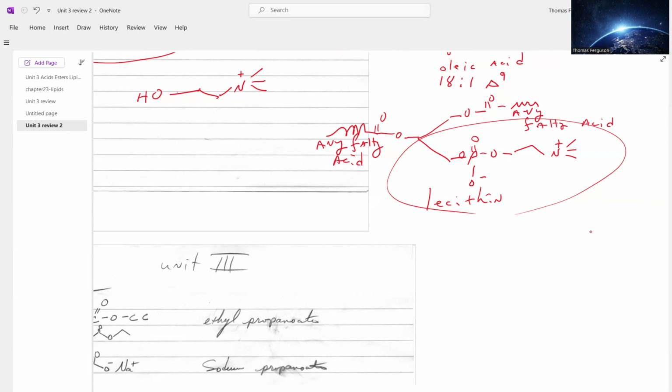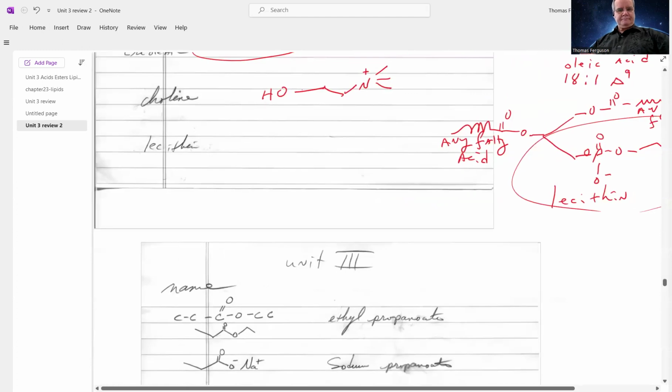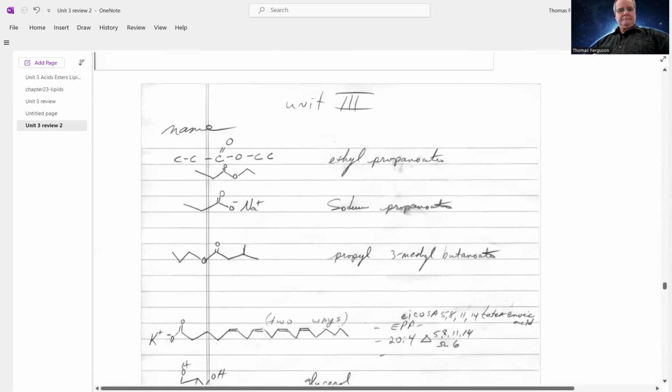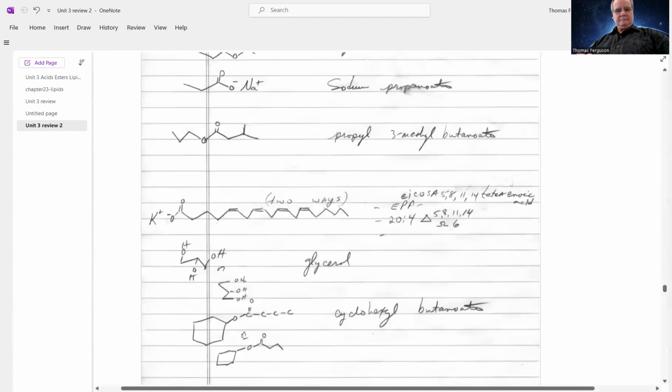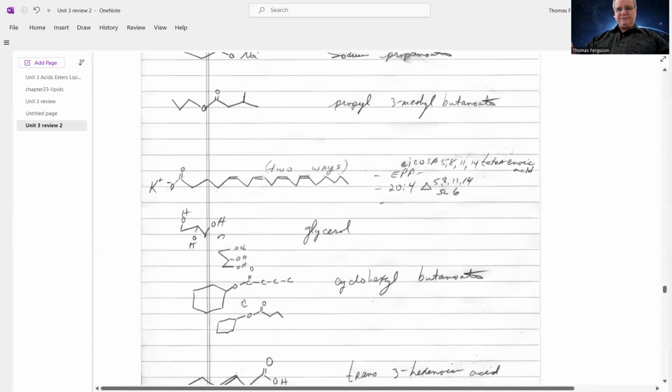An emulsifier requires 2 things, no exceptions: a very nonpolar part and a very polar part. So this is going to represent the polar part. The nonpolar part is the stuff up above. And here are all the answers.